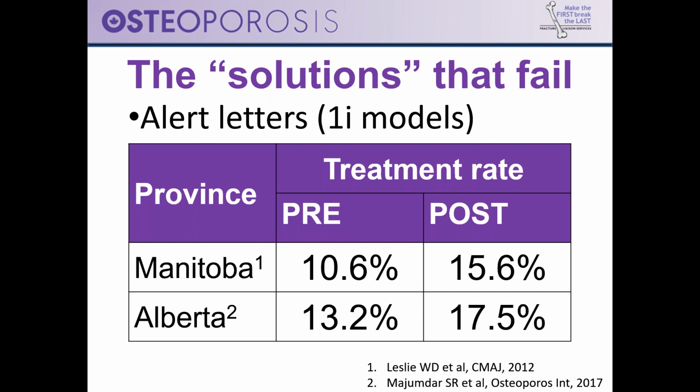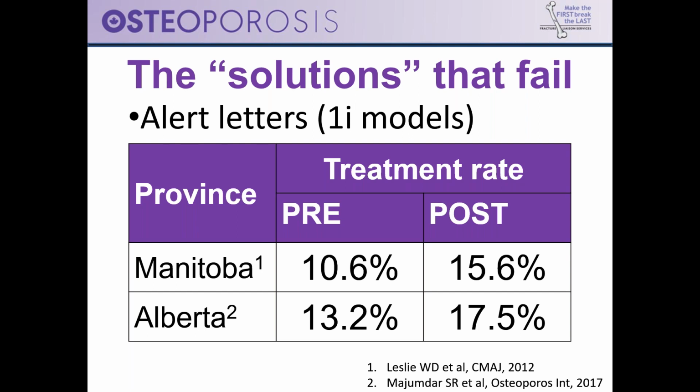So we first need to give kudos to both of those programs because this is indeed a statistically significant improvement in the rate of treatment post-fracture. However, you can still appreciate that the care gap is still alive and well in both of those locations based on this model alone.